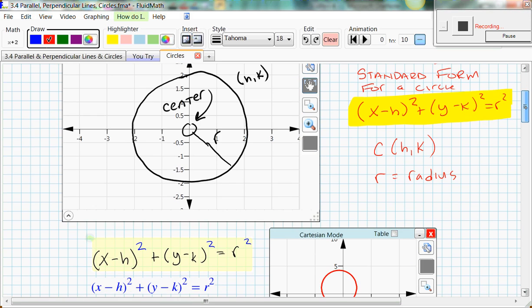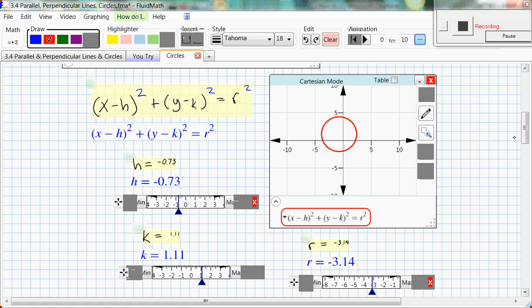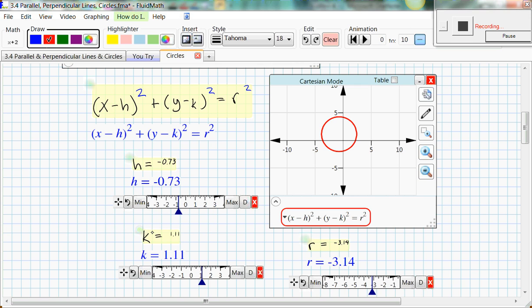It's giving you some room here. So what I've done, right down here, is I have a graph. And over here in the highlighted part that I'm pointing to now, I have the generic standard form for a circle. You see that? And then I have the h, and I have a slider for the h. I have the k, and I have a slider for the k, and I have an r.